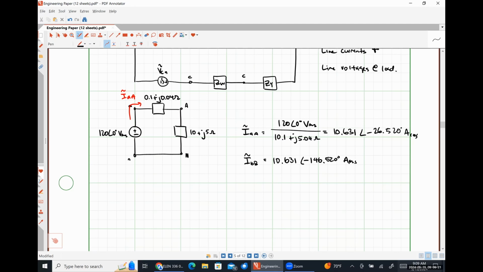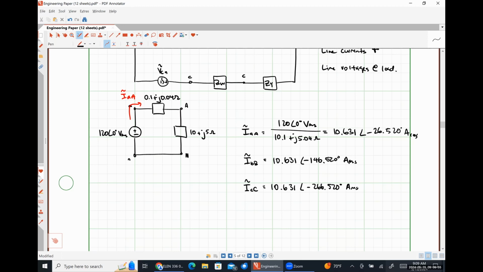There is no reason whatsoever to make it any harder than that. Somebody else tell me what ICC is going to be. So magnitude's the same. Angle will be negative 146.520 degrees. Amps RMS. Absolutely. So line currents, completely trivial.